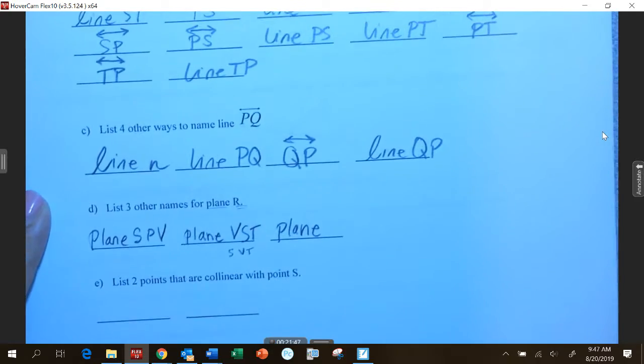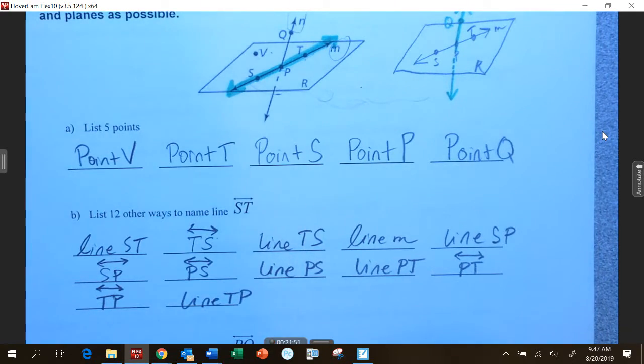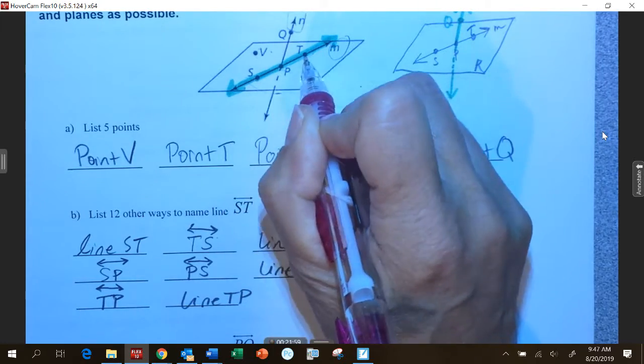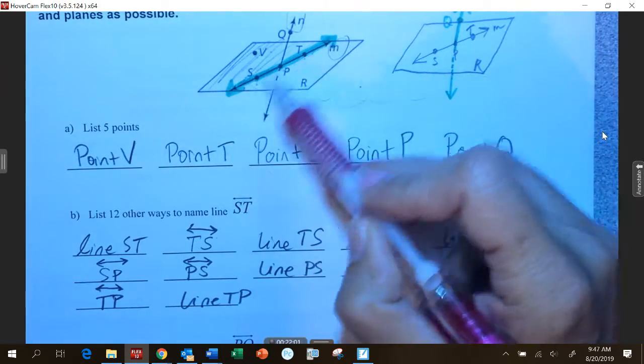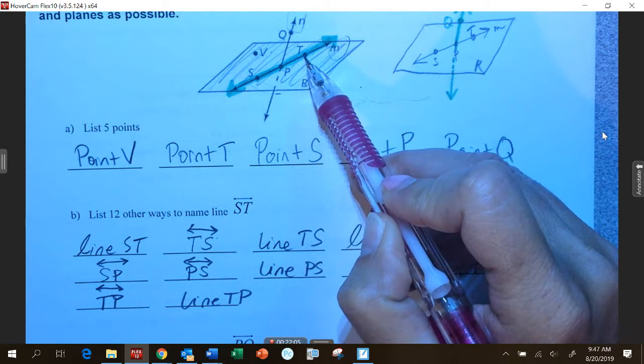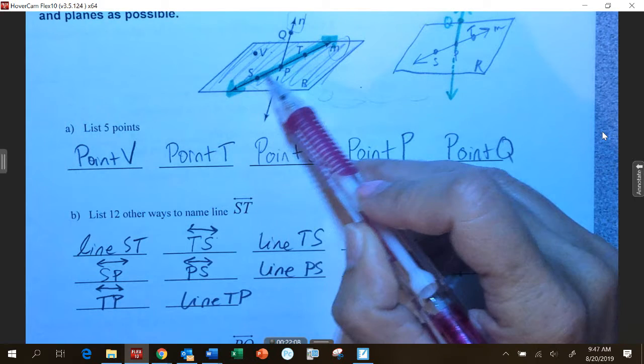And Tyler, do you know the third one, hon? Oh, no. So I need 3 letters that are not on the same line, that are on this plane, but not on the same line. We've already used SPV, these 3. Nope.